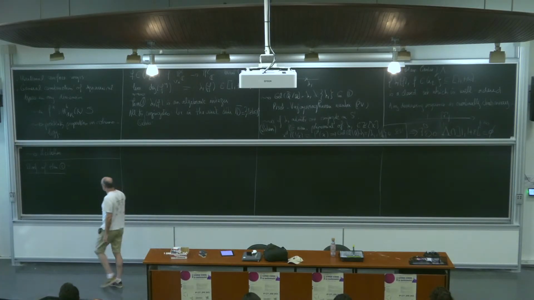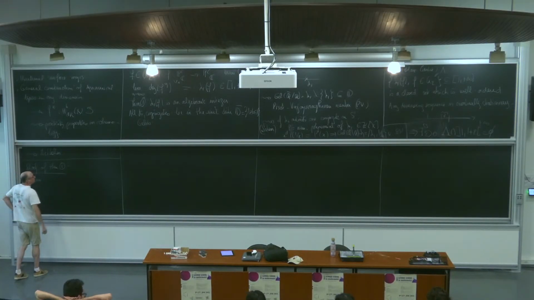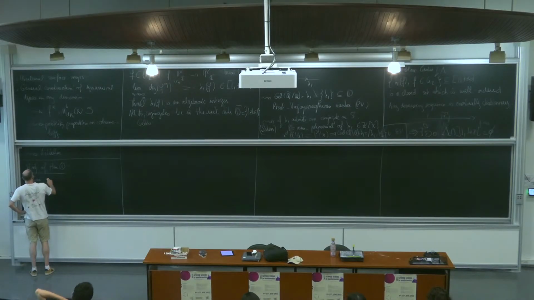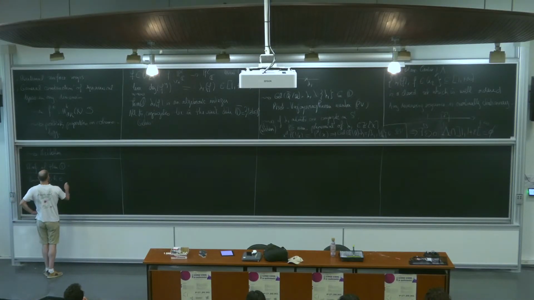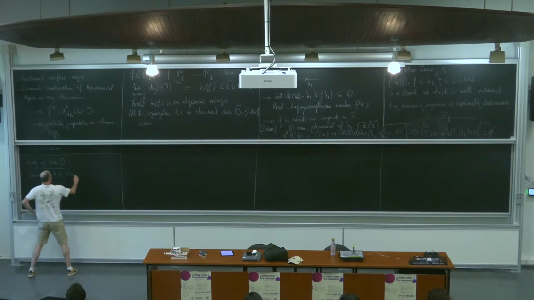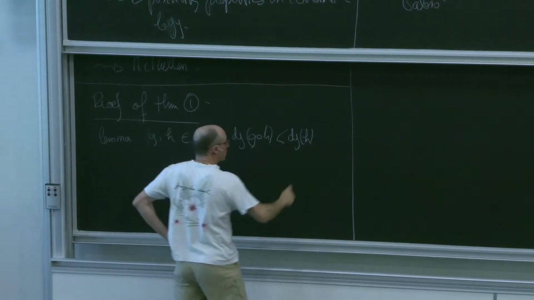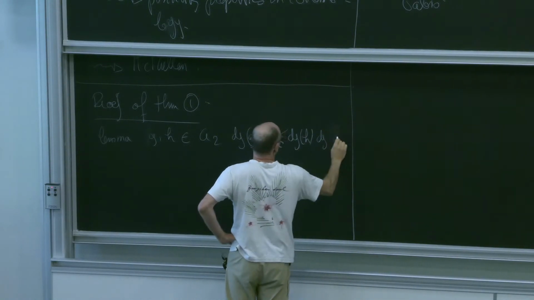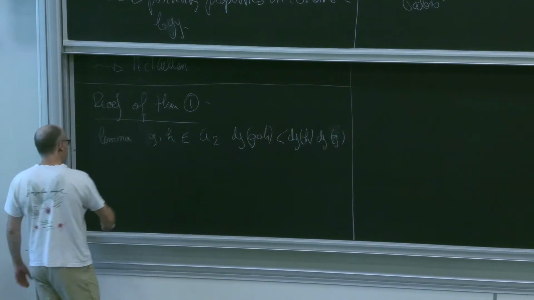Okay, so remember this lemma that we had, which was saying that if I take, let's say, G and H, two birational maps, and the degree of the composition, G composed with H, turns out to be strictly less than the product of the degrees, then this can be explained by a nice geometric fact.